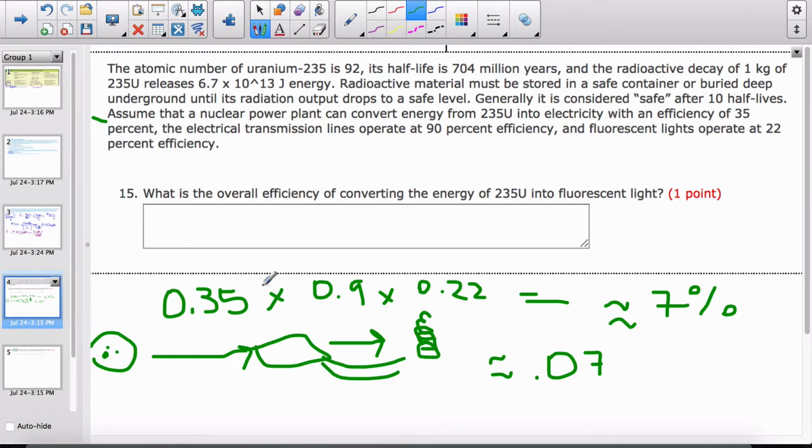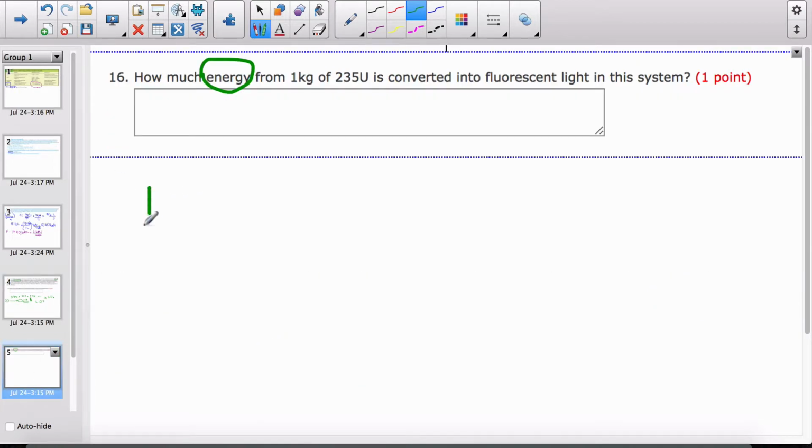It said a kilogram releases 6.7 times 10 to the 13. So 1 kilogram of uranium is 6.7 times 10 to the 13. Is that right? I'm going to go check that just a second.